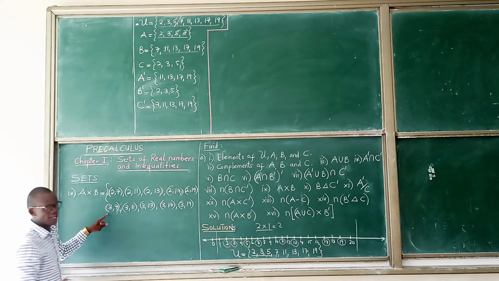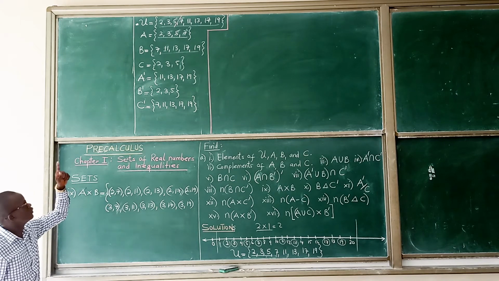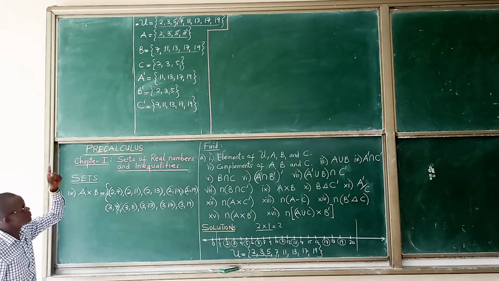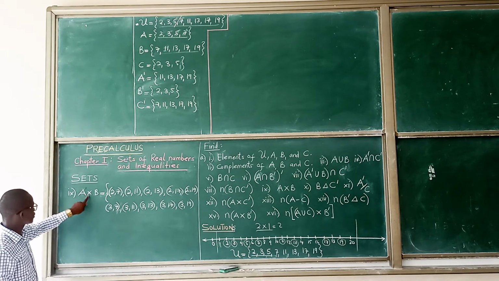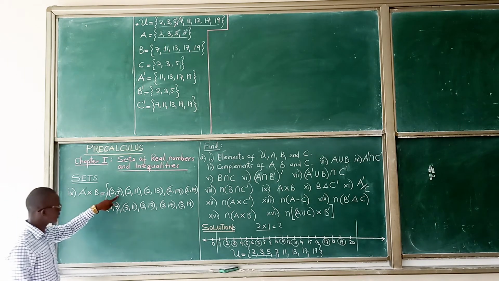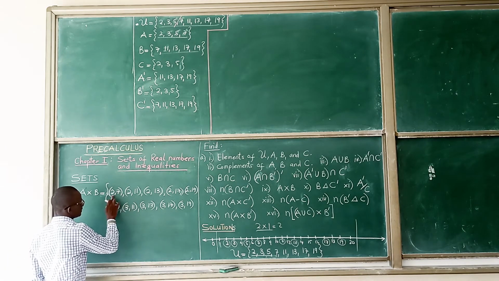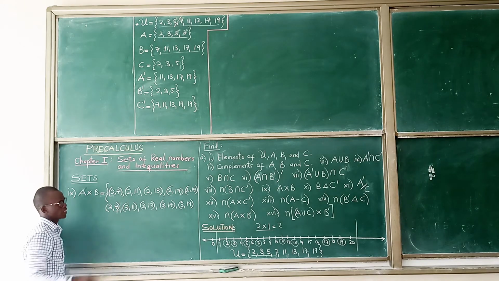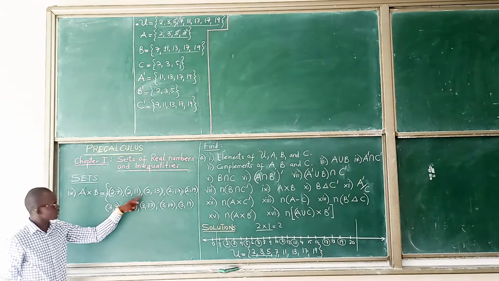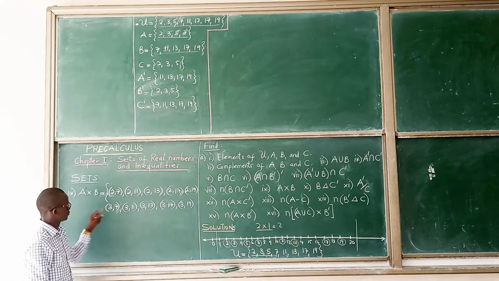So you see we are pairing with each element within the set B. So A cross B, A must be the first element, B must be the second element. Now we are not using curly braces here because these are all ordered pairs. So we cannot use curly braces on these pairs. The curly braces include these ordered pairs.